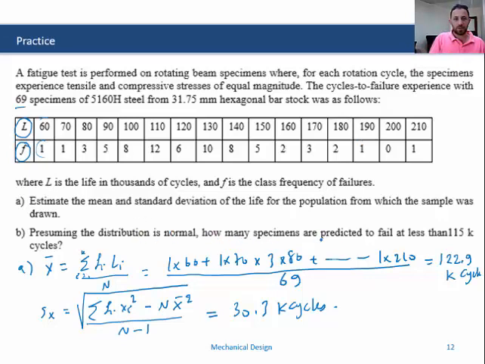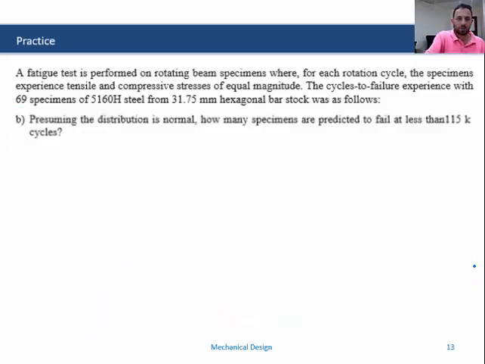Your objective now is to determine how many specimens are predicted to fail at less than 115 k cycles. So the objective is to determine for x less than 115 k cycles. In order not to integrate, we can use the table by normalizing this value.